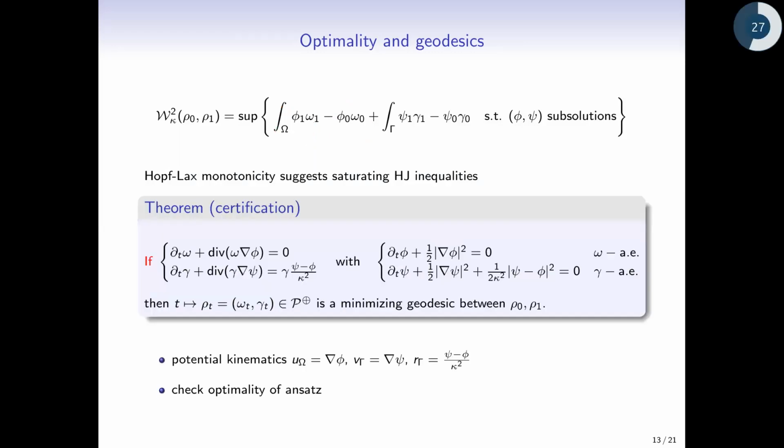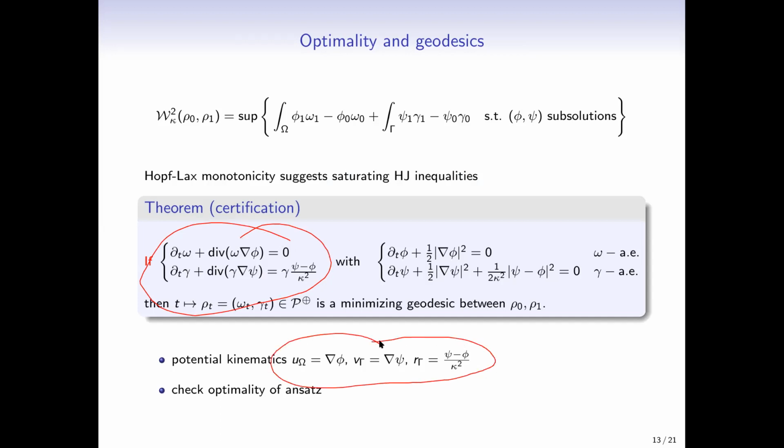And what you can prove rigorously is the following certification theorem. So it's a sufficient optimality condition. So if you can find a pair omega, gamma that solve the continuity equation here with what I call potential kinematics, means that the velocity field in the city is the gradient of phi, the velocity on the roads is the gradient of psi, and the reaction actually involves both phi and psi.